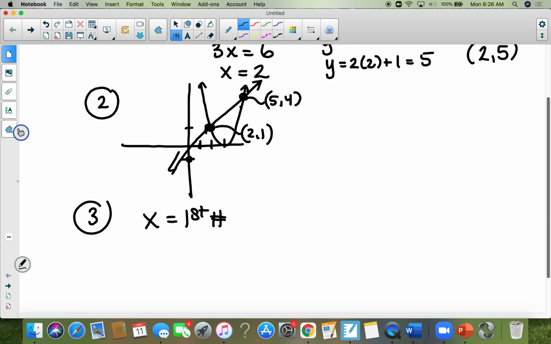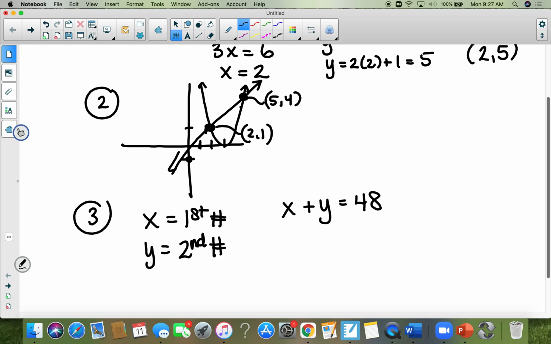The first number is x, and the second number is y. Show the two equations. So x plus y equals 48 is the first.